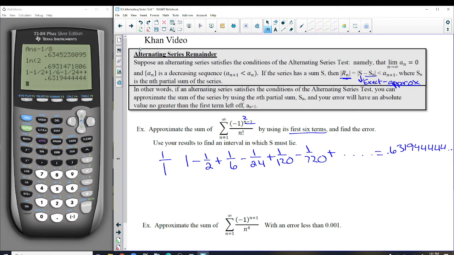Find the error. The error is going to be less than the first omitted term, which is 1 over 7 factorial. So the error is going to be less than that first term that's left off. So 1 divided by 7 factorial.